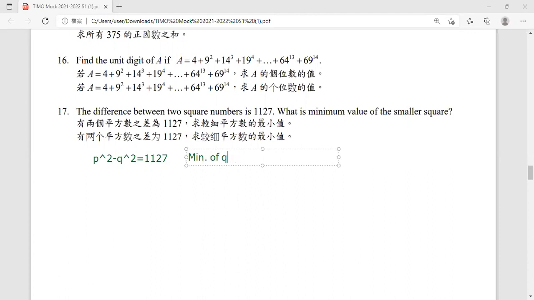Actually, you can use the identity to do this one. P plus Q times P minus Q equals 1127, which you have to break up.